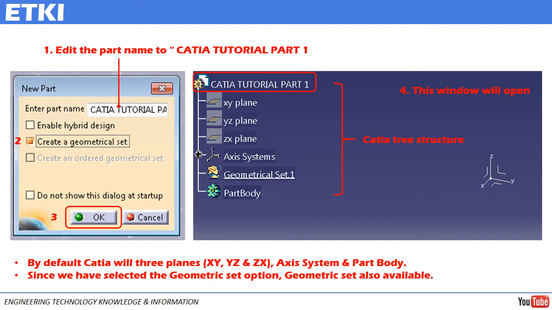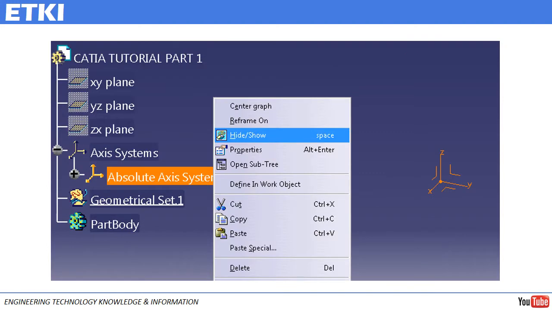In this window, right from the file name CATIA tutorial part 1 to part body is called a tree structure. Now right click on the absolute axis system and say hide or show. When you say hide or show, if the absolute axis system is visible, it will get hidden, and if it is in the hidden condition, when you say hide or show, it will be visible again. In our case, we want to hide the axis system.